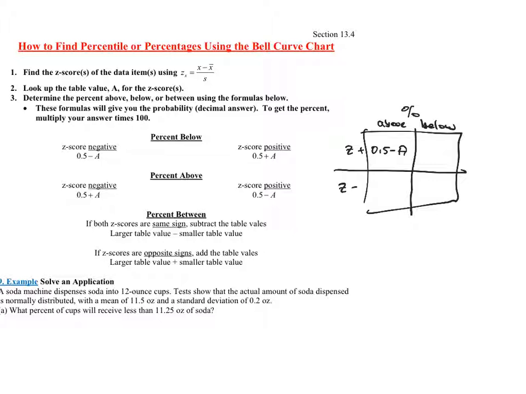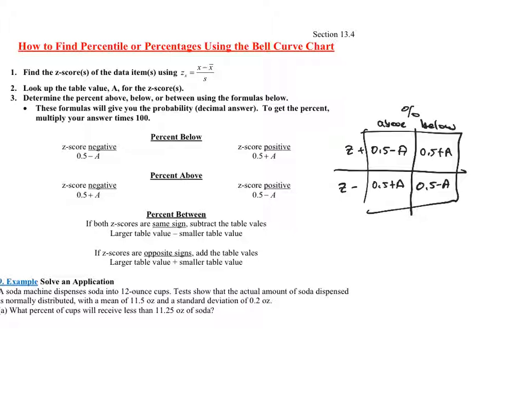If the z-score is positive and they want the percent below, you're going to do 0.5 plus a, the chart value. If your z-score is negative and you want the percent above, you're going to do 0.5 plus a. And if the z-score is negative and they want the percent below, you're going to do 0.5 minus a.